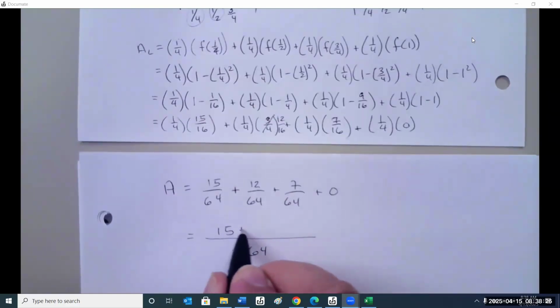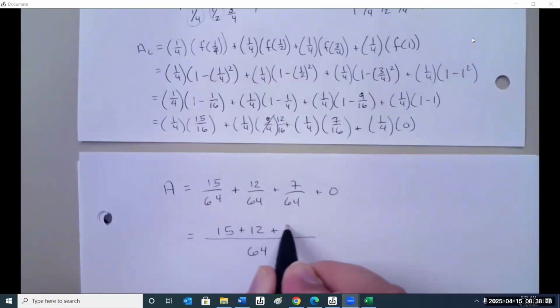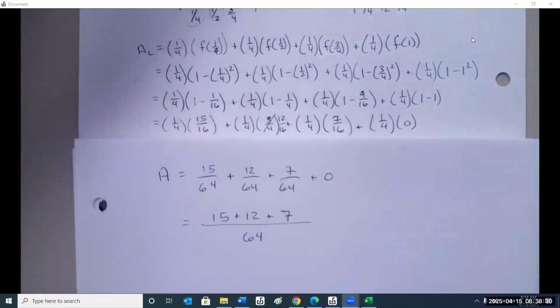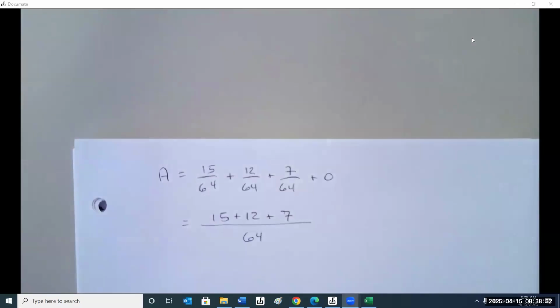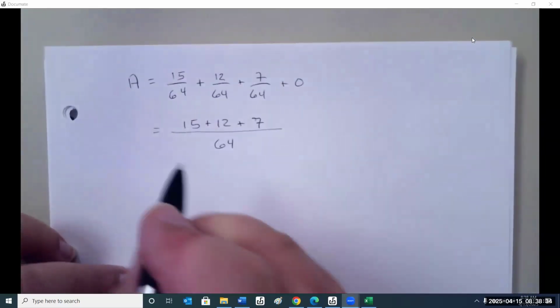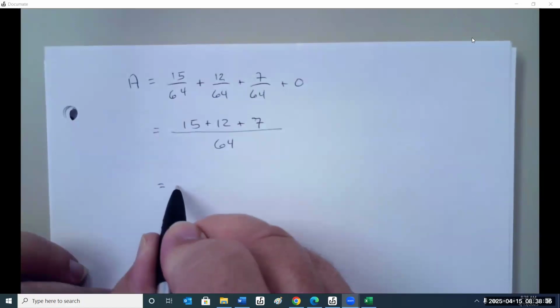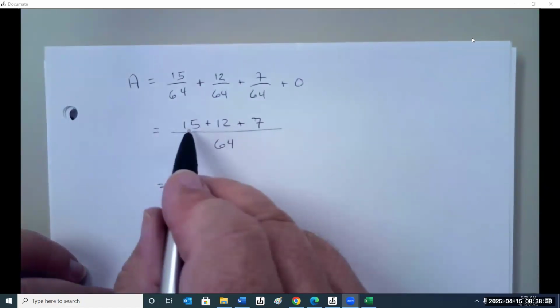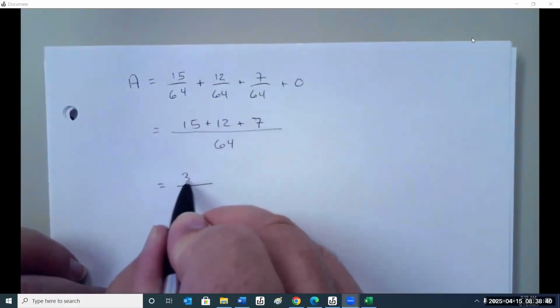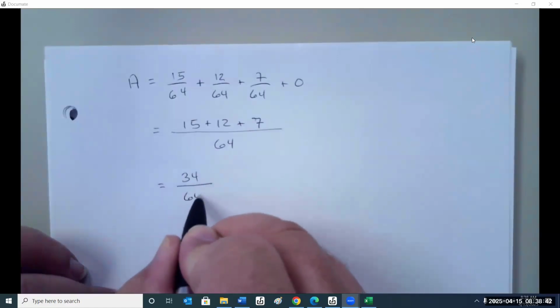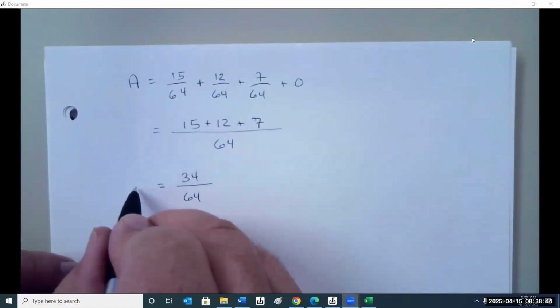And 15 plus 12 plus 7, 27 plus 7 is 34/64.